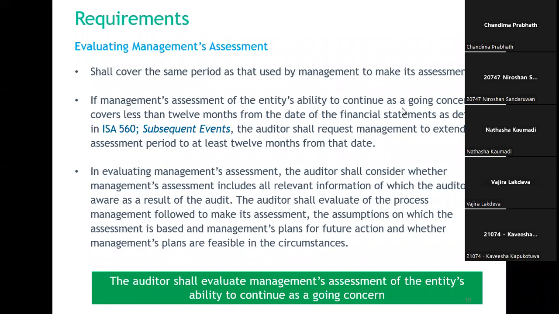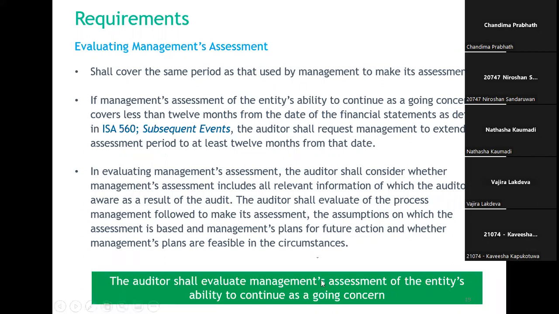The assumptions on which the assessment is based. As an example, Sri Lankan Airlines, they expect new revenue growth, right? And then they improve the cargo operation, right? And management plans for future actions and whether management plans are feasible in the circumstances.